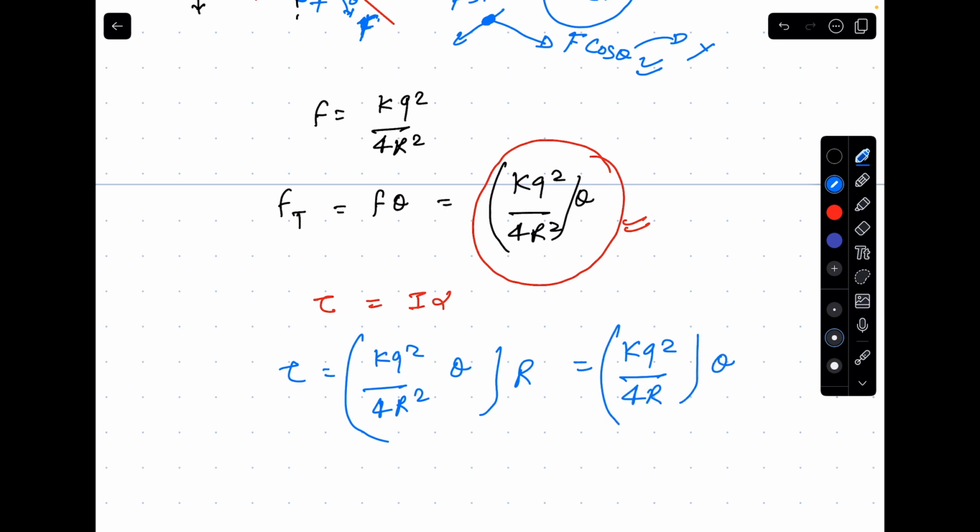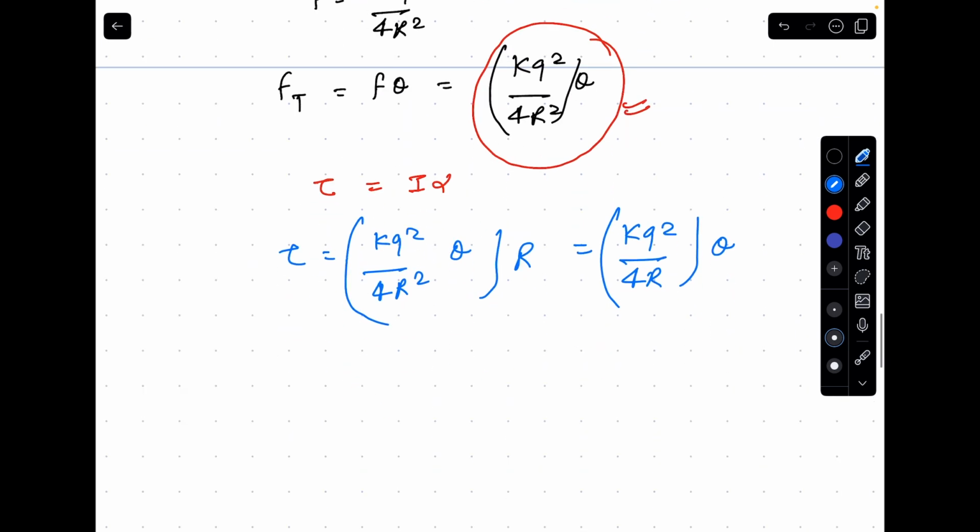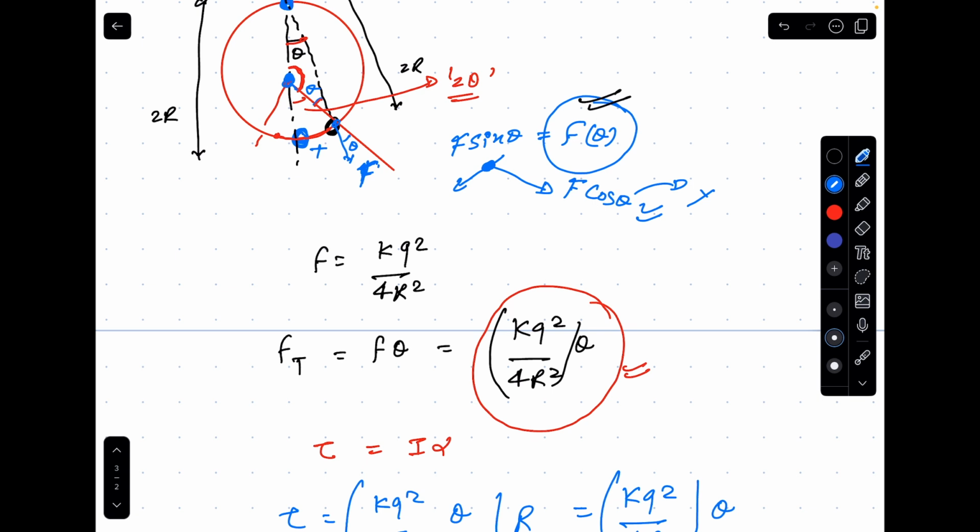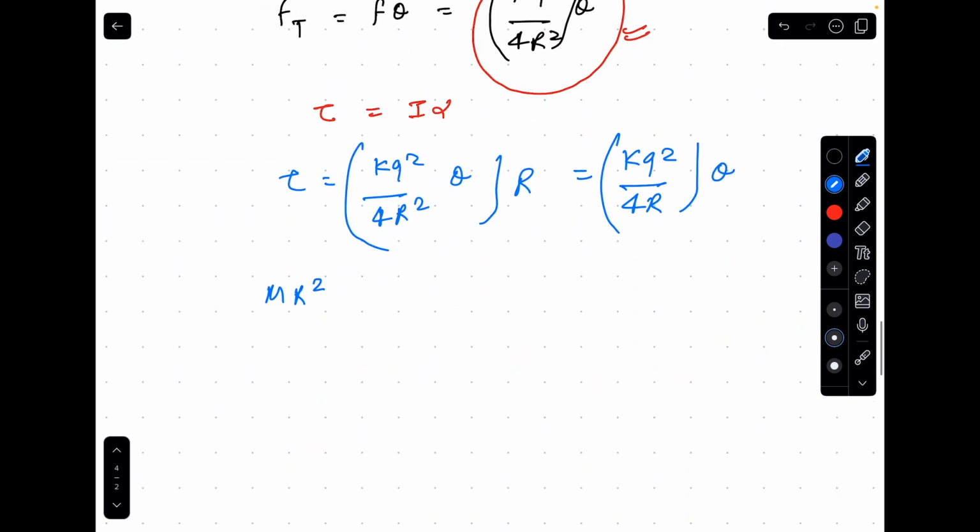This is our torque. Torque is I alpha. I is mr squared, because we are calculating the moment of inertia of this bead about this point. Mass is m, so the moment of inertia is mr squared. So mr squared multiplied by alpha equals the torque, kq squared divided by 4r multiplied by theta.